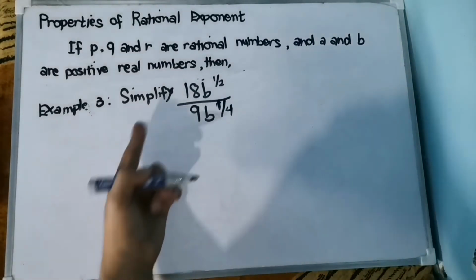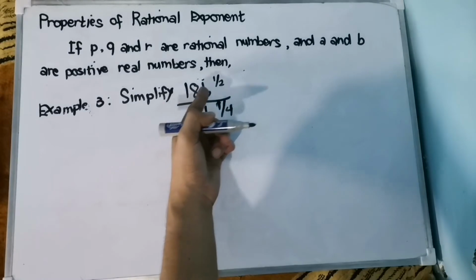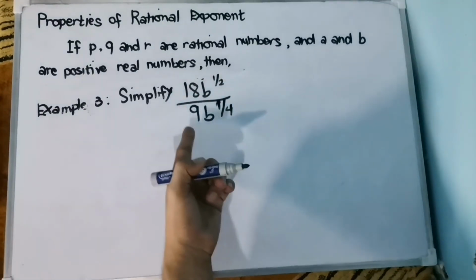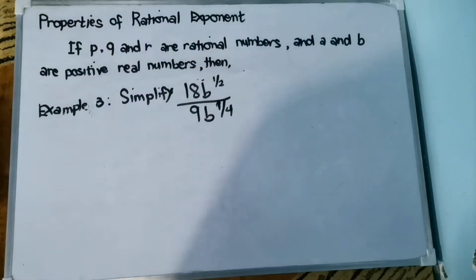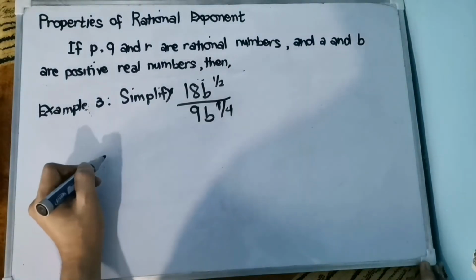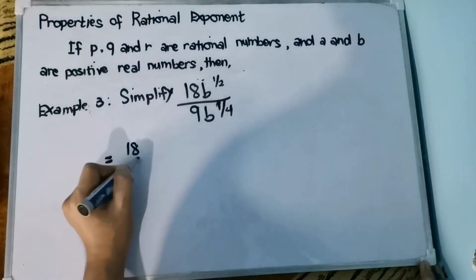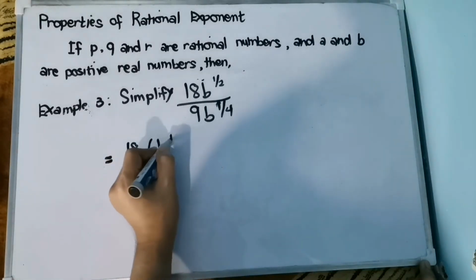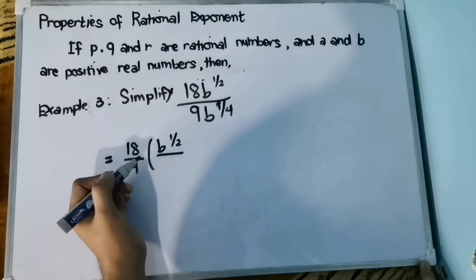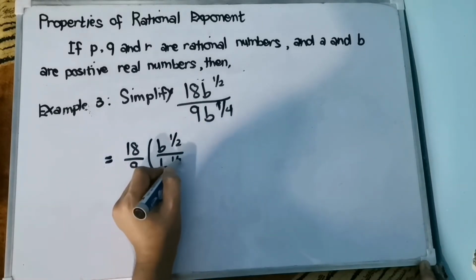Okay, so we are going to simplify 18b raised to 1/2 all over 9b raised to 1/4. So separately, we have 18 over 9 times b raised to 1/2 over b raised to 1/4.